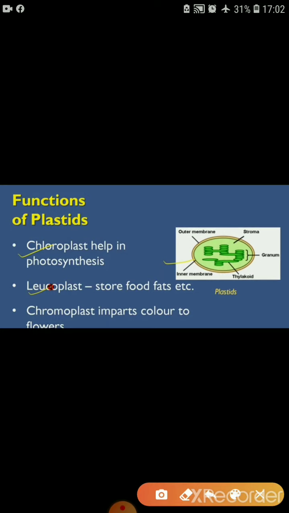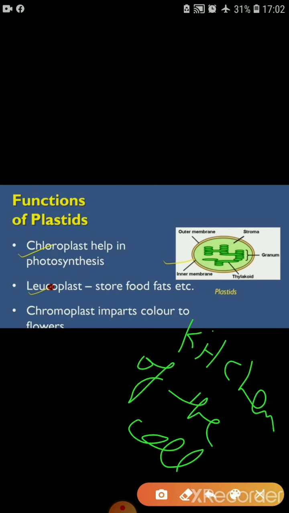Why the kitchen of the cell? Because of plastids and chloroplast, plants are able to make their food. So this is the reason plastids are called the kitchen of the cell, in plant cells only. Just remember this point.